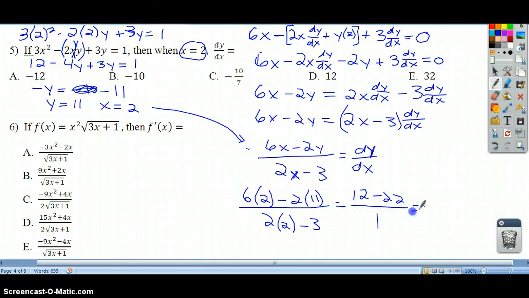That makes it nice, and that's just going to be negative 10. Alright, so dy/dx is negative 10. A lot of work. Really, it's the simplest forms of the derivatives. It's just understanding where you're going with it, and then understanding at the end that you need a y value, and you can only get that from using the original function up here.